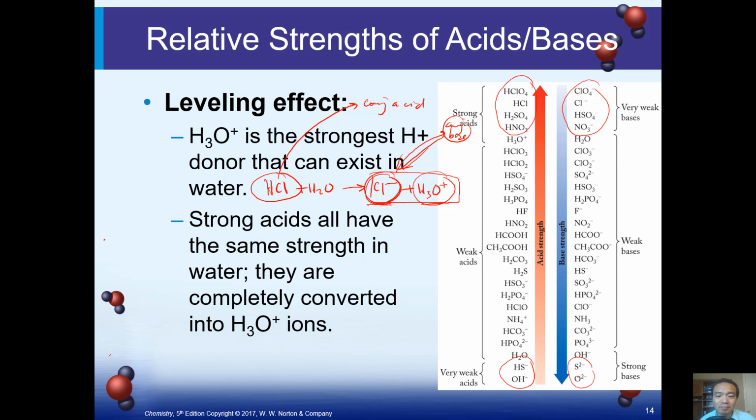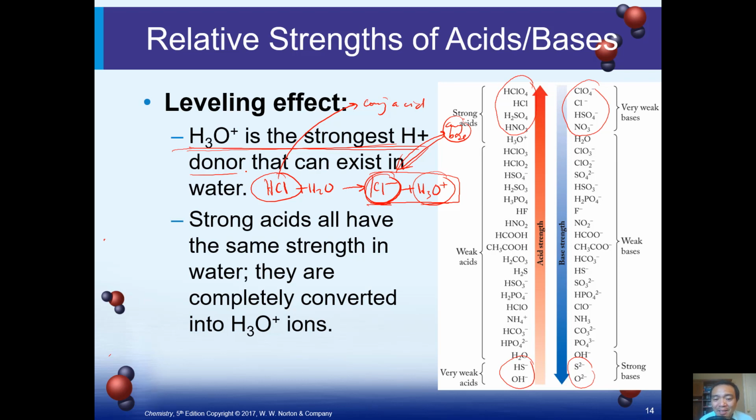Okay. Another concept I would like to introduce to you is hydronium ion is the strongest proton donor in water. So any acid that is stronger than hydronium ion will react with water and become hydronium ion. They cannot exist in any other form.